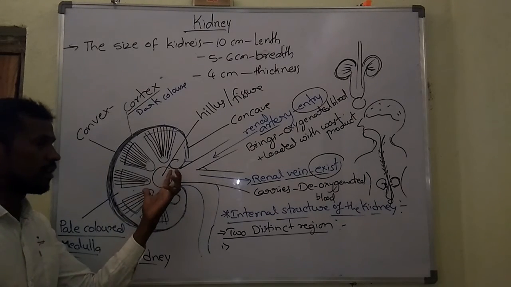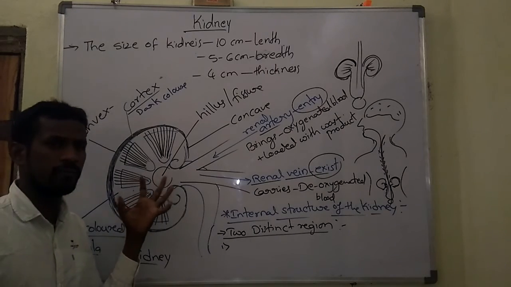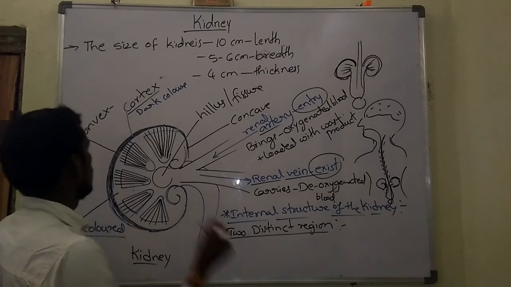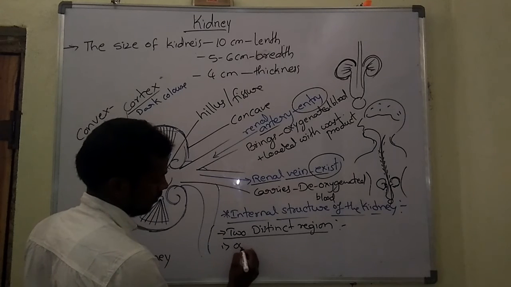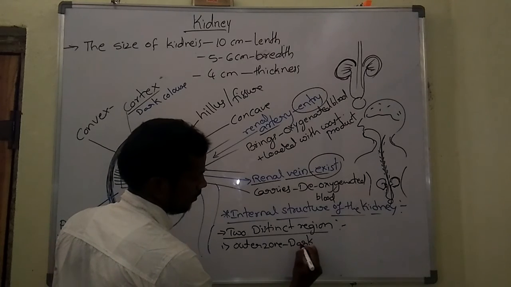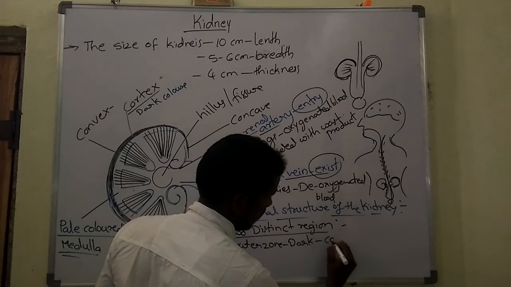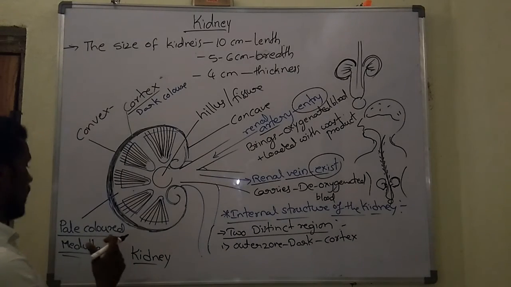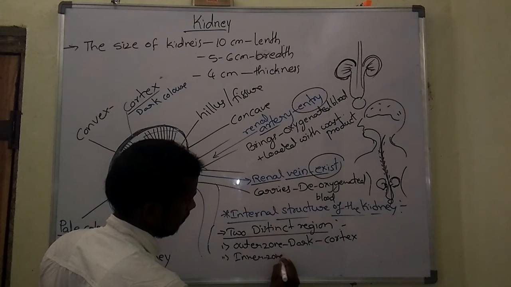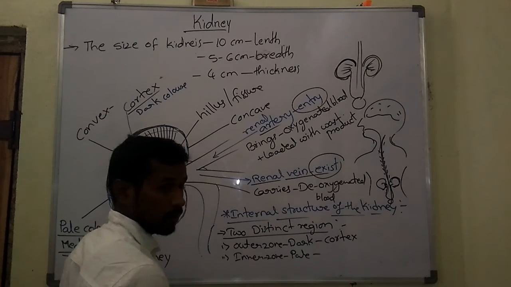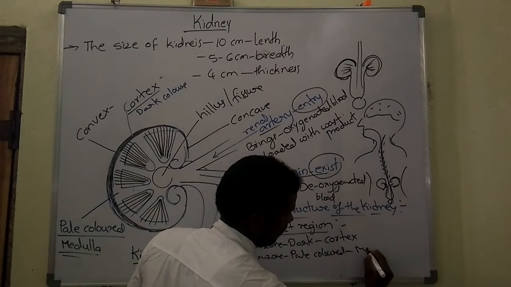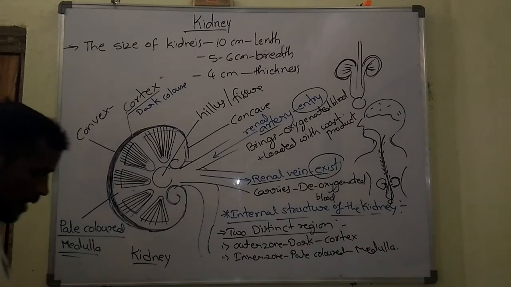Look here: the outer side is the outer zone, dark colored, that is the cortex, and the pale colored inner zone is the medulla.